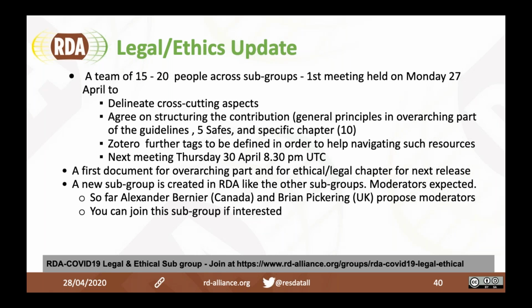We already insisted on having a good way of navigating these resources, adapted to the different stakeholders. To continue this work, we hope to have a document, at least for the overarching part and for this chapter 10, something for the next release by Friday.